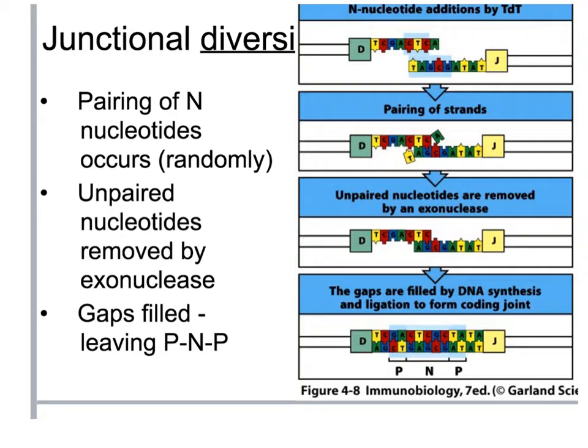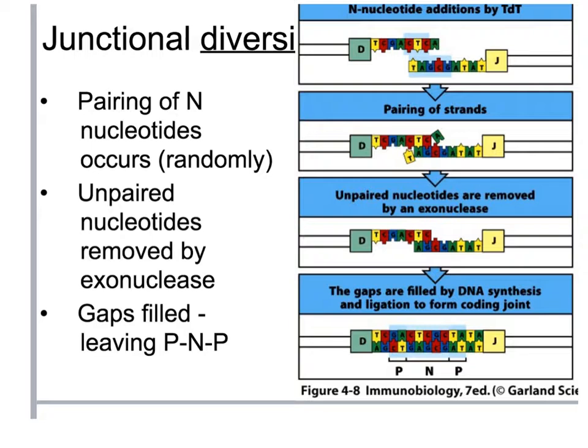They'll get rid of the ones that are not complementary to one another. And now we have DNA that has the ability to base pair with one another, and these nucleotides will get filled in by an enzyme.